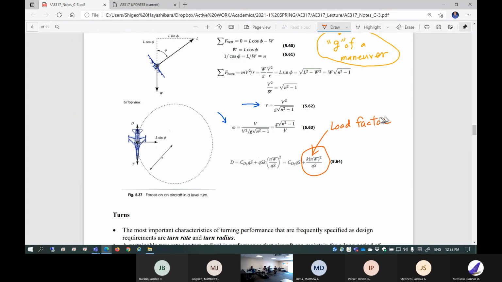So that means if you create a very strong, highly maneuverable airplane, you're going to do a really tight turn at fast speed. You are going to actually increase the induced drag big time. That means you need a more powerful engine.